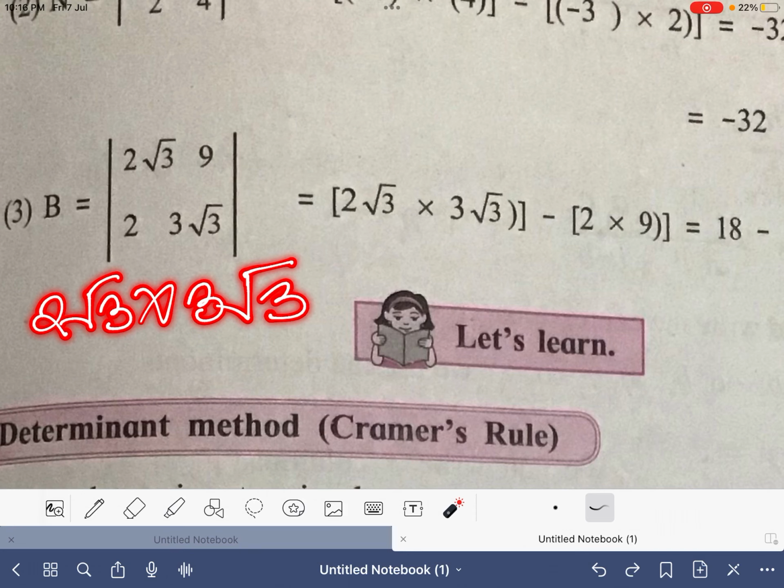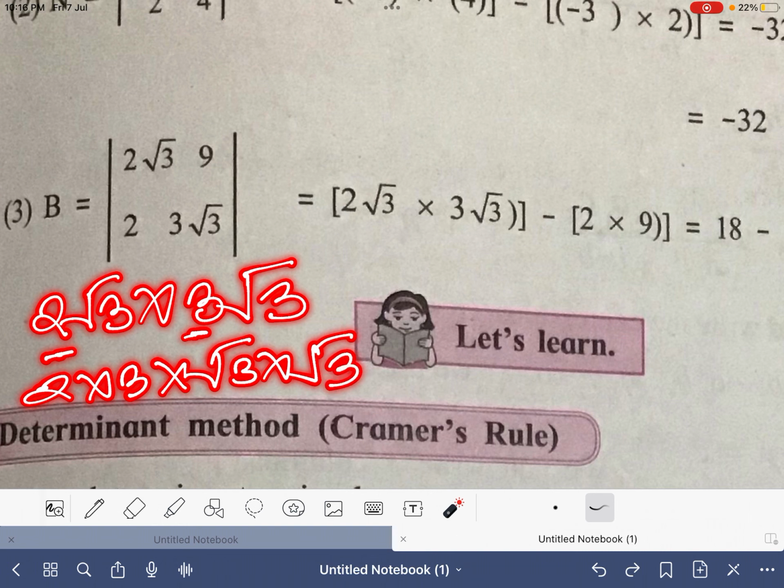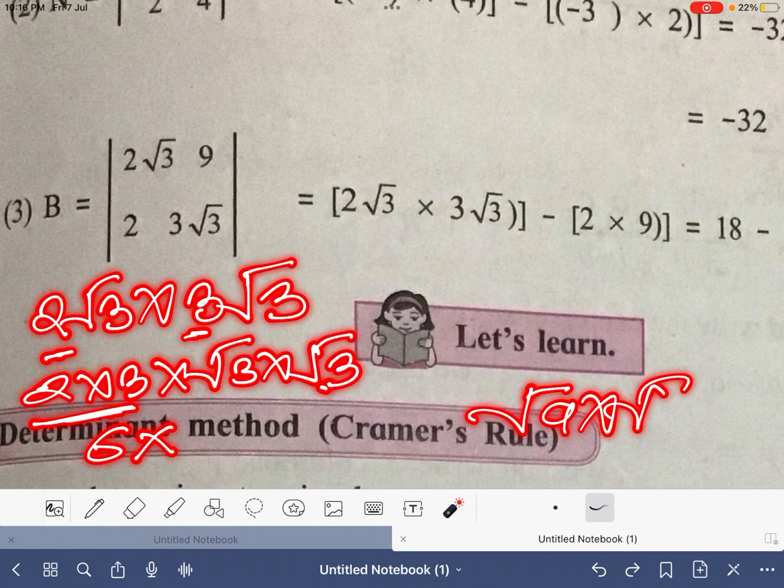This is your question. So initially we solve this, and then we will move to the next step. So first of all we have to multiply this 2 and this 3. So 2 multiplied by 3 multiplied by root 3 multiplied by root 3. Okay, now let's solve this. So 2 3s are 6 multiplied by root 3 into root 3. We know that root of a into root of a is equal to a.